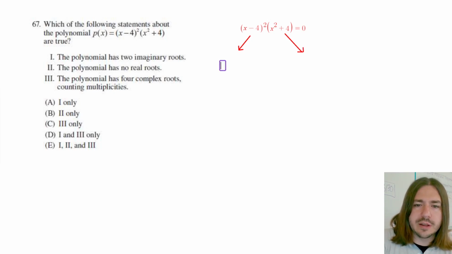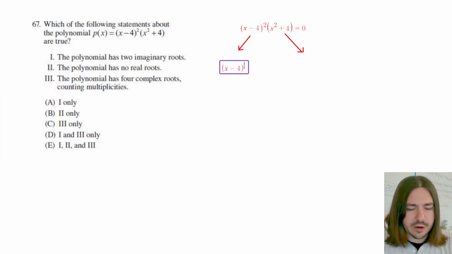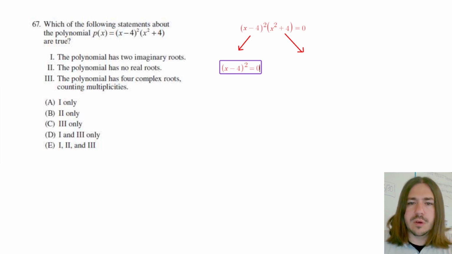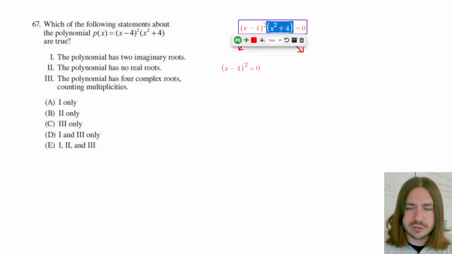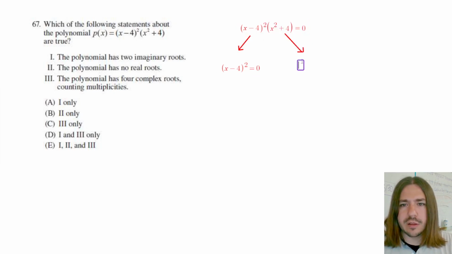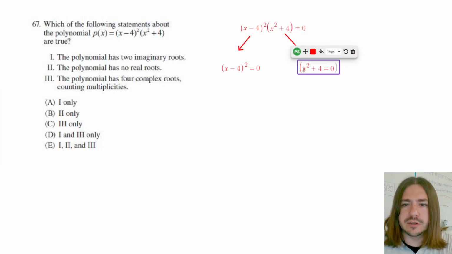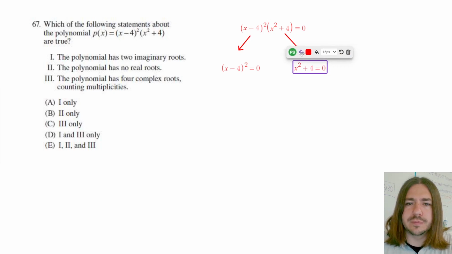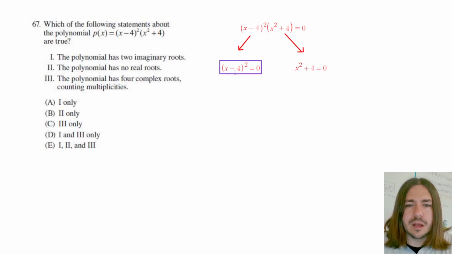So let's see here. We got (x - 4)^2 = 0. And we also have x^2 + 4 = 0. Let's just get rid of those parentheses. Okay, so I'm going to solve these independently. Here I can factor this a little further.